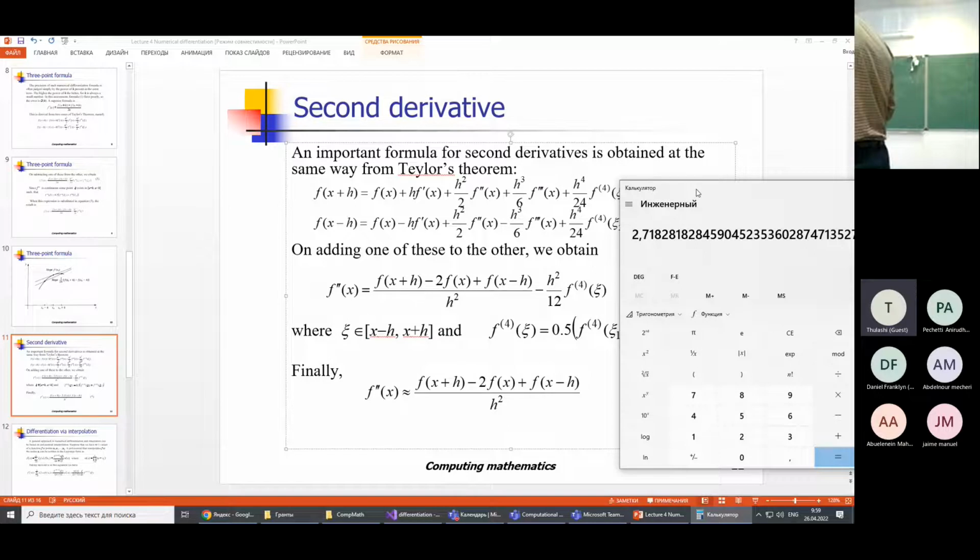Of course, these computations are a little bit more complex than for x power 3. But this example shows you one feature of the formulas of numerical differentiation.